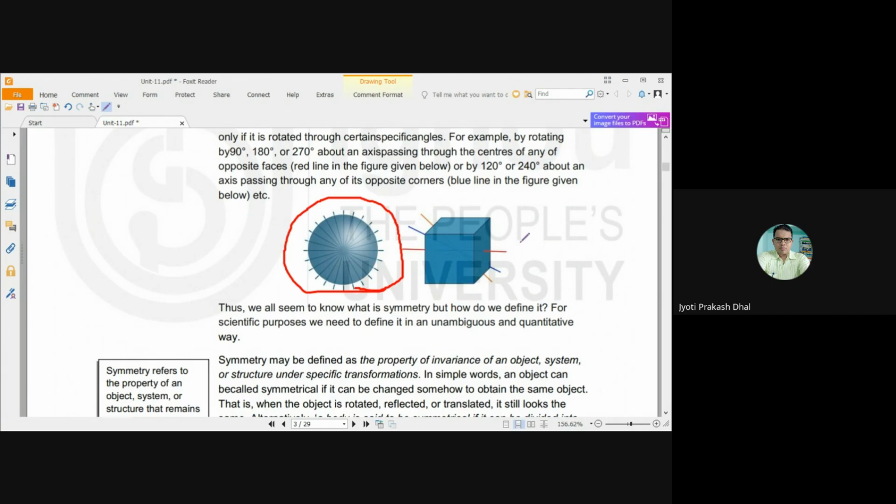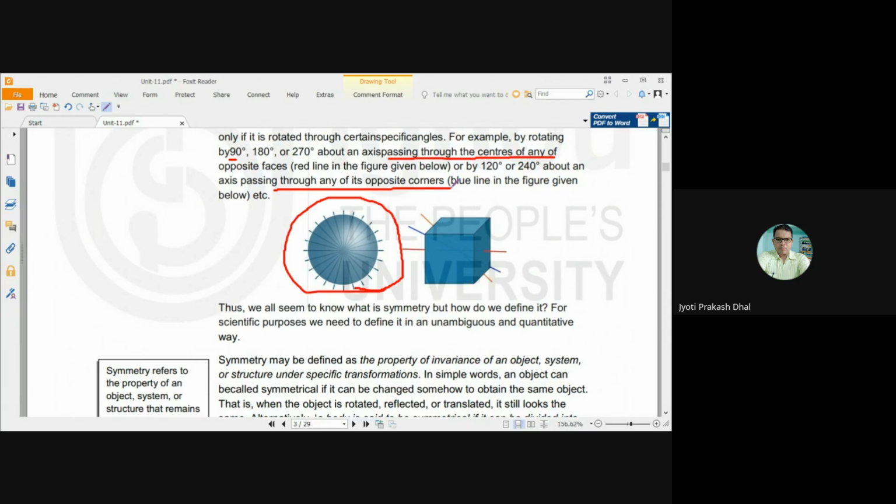But in the case of a cube, if you rotate the cube by 90, 180 and 270 degrees about an axis passing through the centers of any of the opposite faces, or by 120 degrees about an axis passing through any of the opposite corners, you get the same appearance.